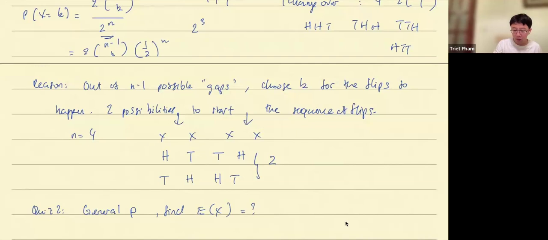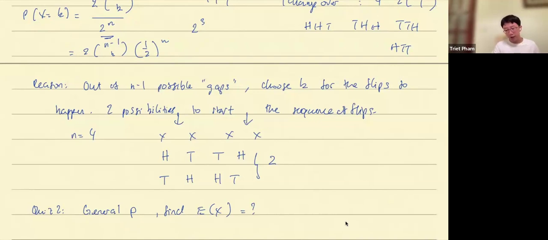One way is to recognize what distribution X can have. But one trick is that we're dealing here with general P, not just P equals 1/2.